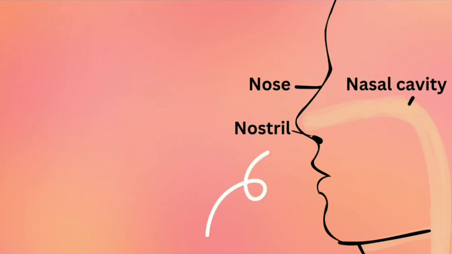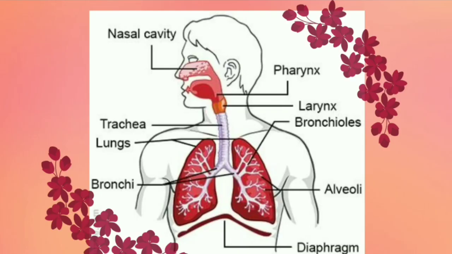Now the air that entered from our nostril goes into the nasal cavity. The air in the nasal cavity gets moistened, then goes into the pharynx, then to the larynx, and then the windpipe, which is also known as the trachea.